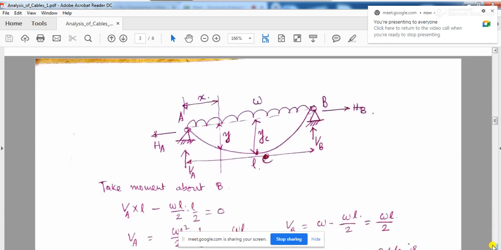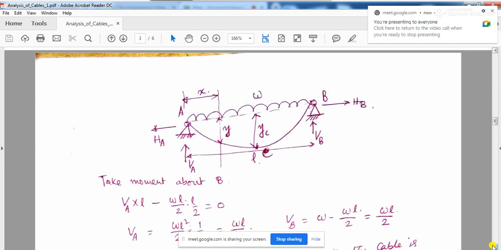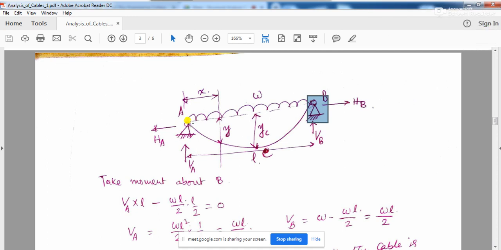So while analyzing the cable, this is the cable structure, and these are the two supports. The analysis of a cable is actually very simple to do, because the shape of this cable structure is parabolic.